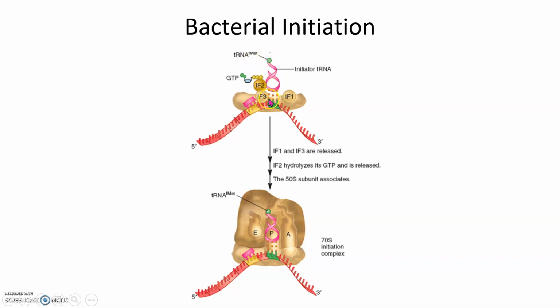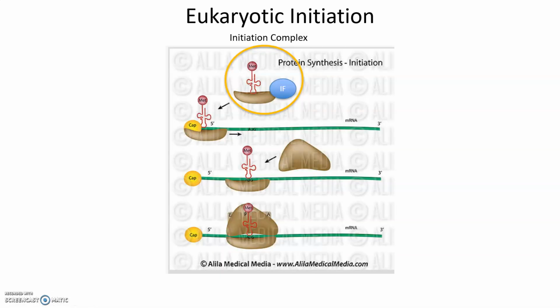Once this comes, our initiation factors are released. They have to be released in order for the large subunit to bind. Okay, so when they are hanging out here, they are stopping the large subunit from binding prematurely. Now, once they come in, this solidifies this initiator into the P, and now we are done with initiation in bacteria.